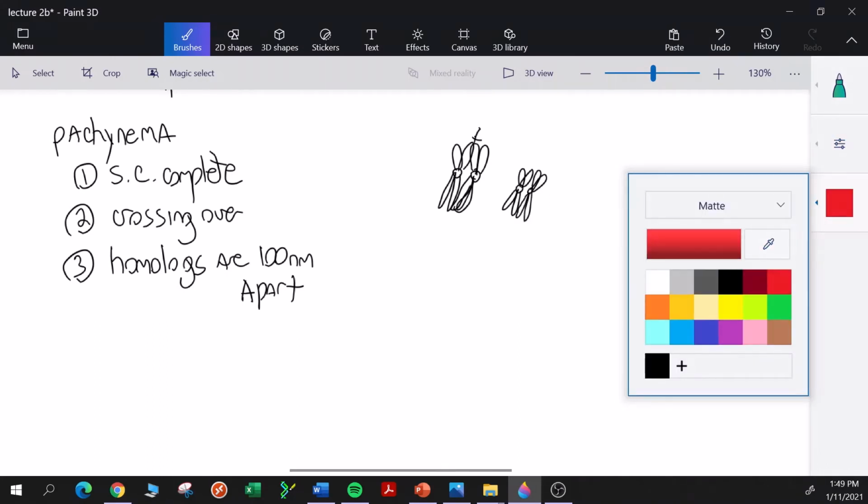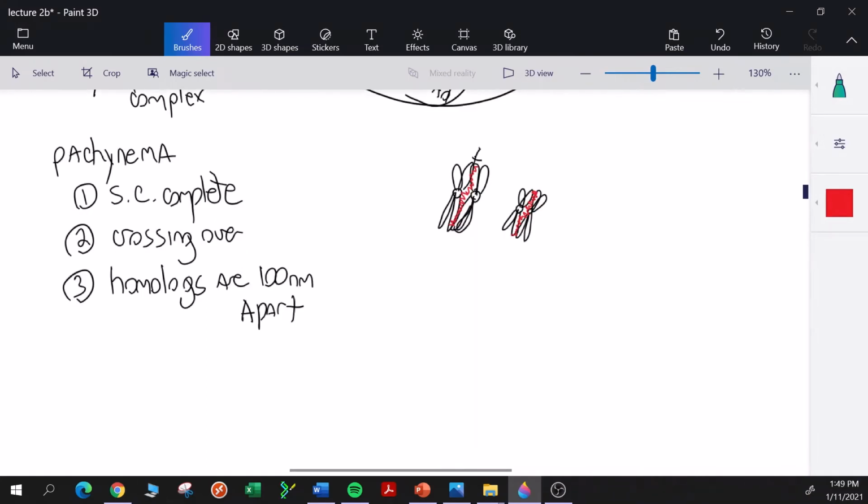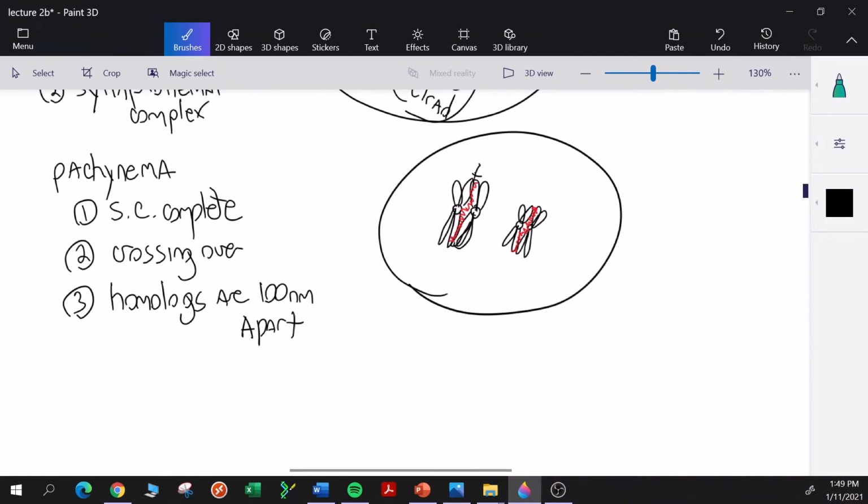And let's put that synaptonemal complex in. Crossing over occurs during pachynemia, and it's usually too hard to see that it has occurred because the homologs are too close together. Nuclear membrane still intact.